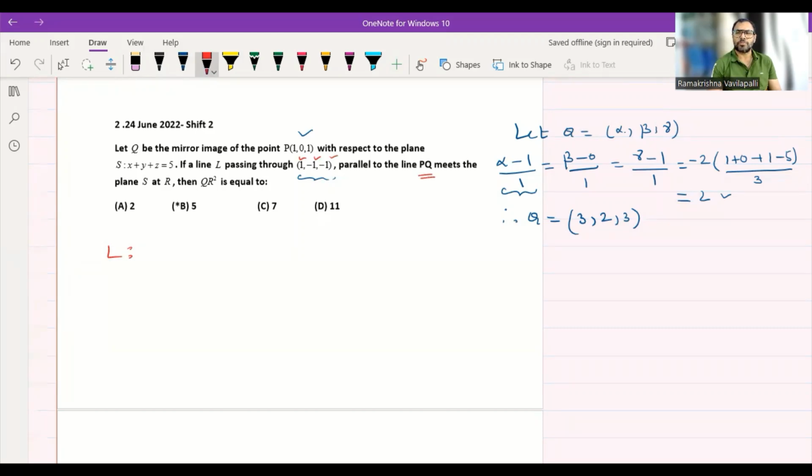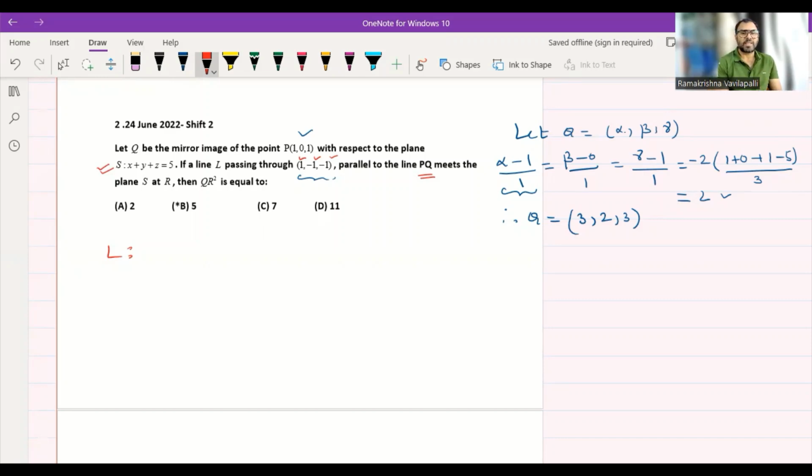Parallel to line PQ means it is simply nothing but normal to the plane S. So both are same, right? Because P is the image of Q with respect to the plane, which means that PQ must be parallel to normal of the plane.